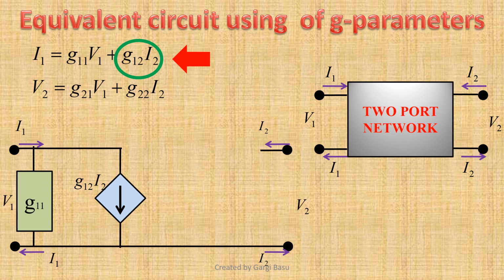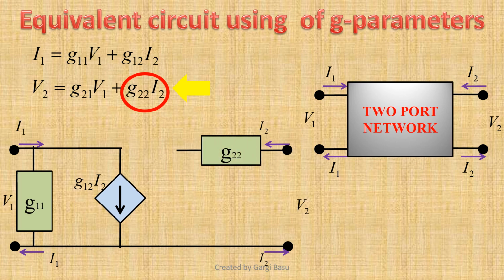Now, if we examine the second equation, then we see it contains again two parts. The second part can be implemented by connecting an impedance G22 at the output port. Now, if we scrutinize the first part G21 V1, it is nothing but a voltage controlled voltage source.